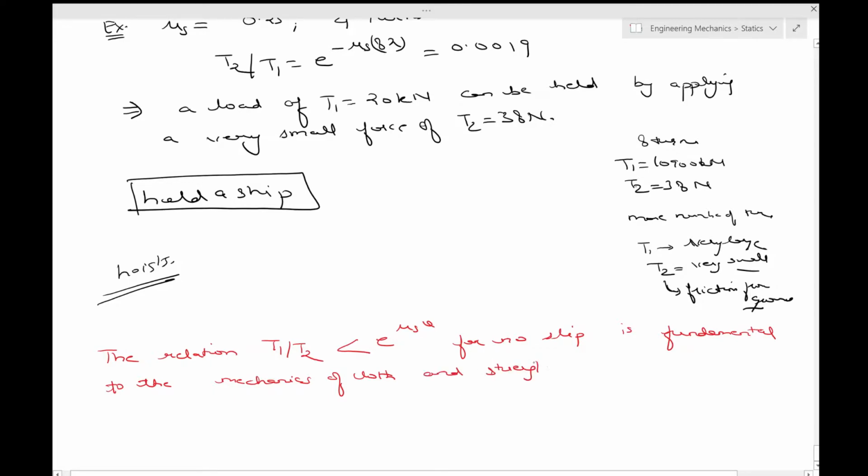So please investigate how the strengths of knots can be understood using this equation T1 by T2, the no slip condition.